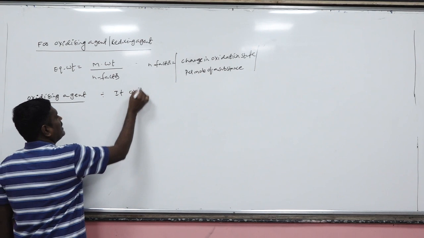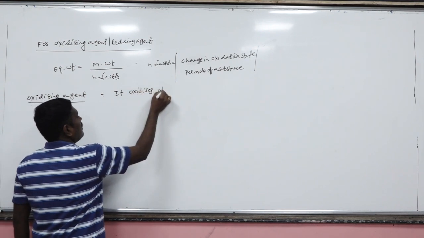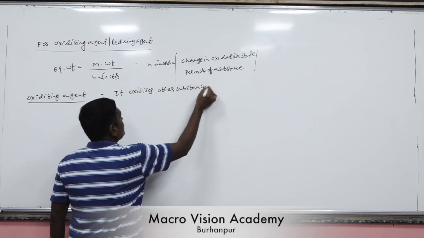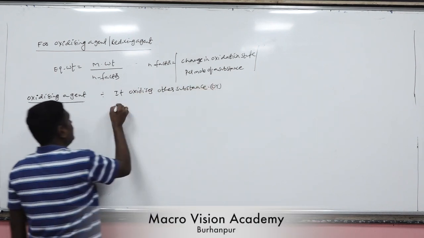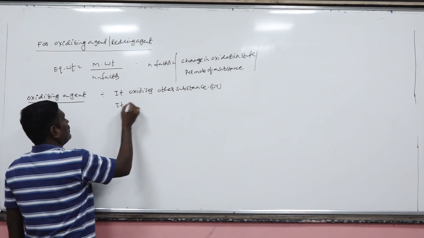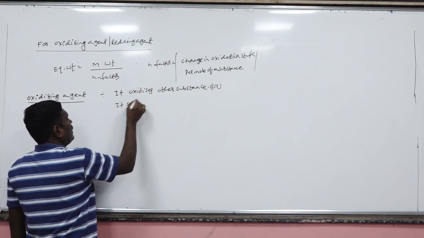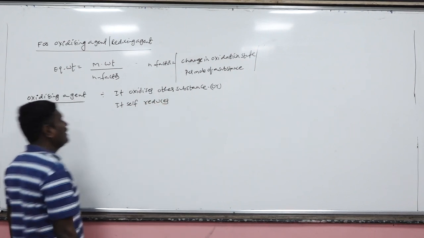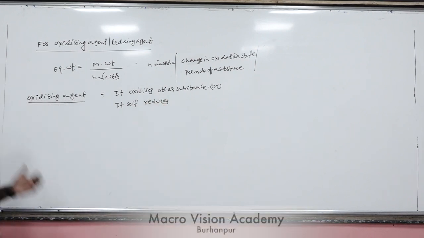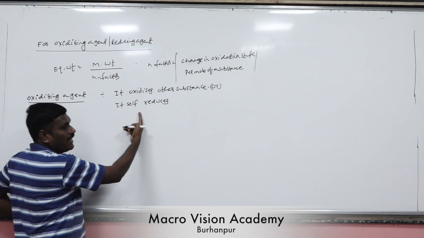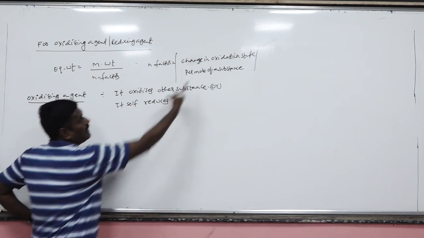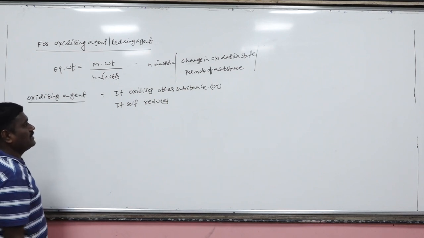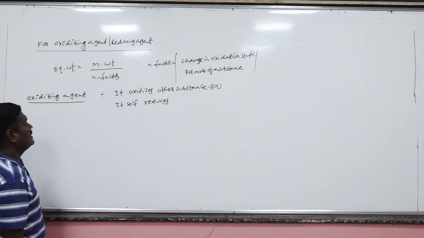It oxidizes another substance, or it self reduces. Now in the reduction, what happens? It accepts electrons. The number of electrons accepted per mole of a substance is the N factor for the oxidizing agent.